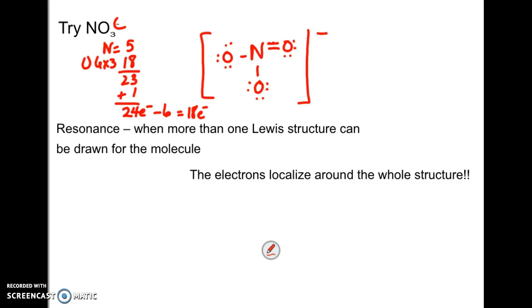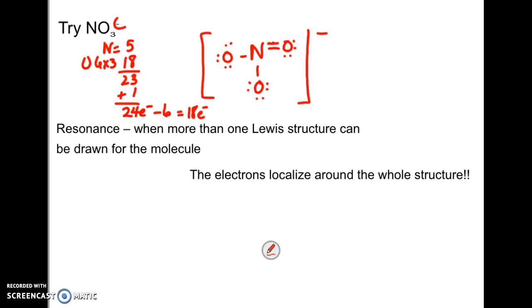Okay? When more than 1 Lewis structure can be drawn for the molecule, we call those resonance structures. Resonance structures are considered to have electrons that are localized around that whole structure. What that means is that the double bond could be anywhere within that whole structure.